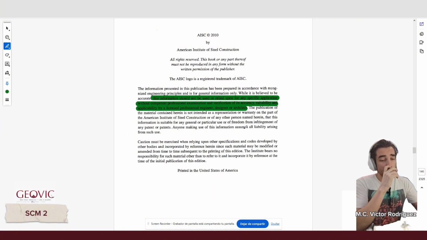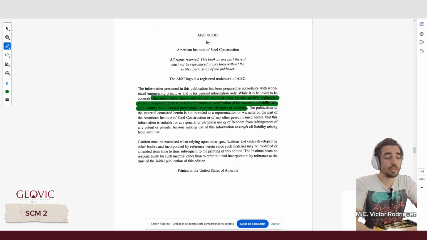Actually, this manual was done way before artificial intelligence became a thing, but I believe this idea can be applied in exactly the same way, because currently there are many designers, including myself, who are using artificial intelligence to improve the design itself.